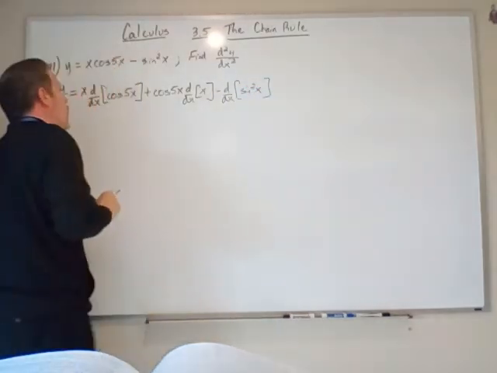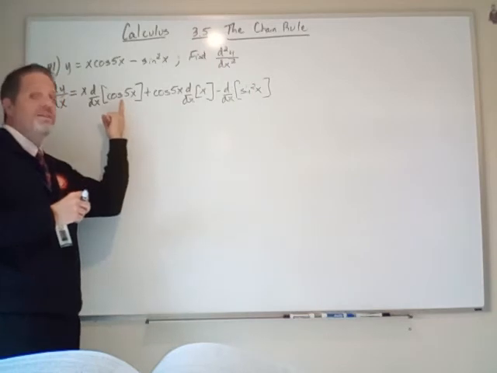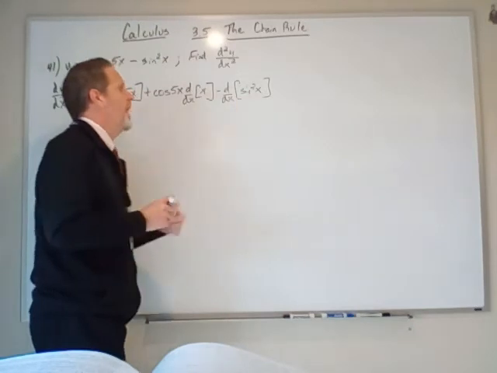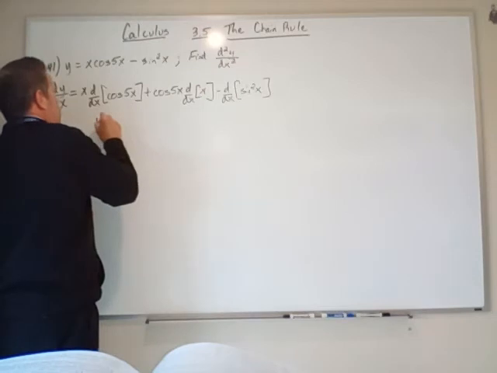So that means I need the chain rule for the cosine of 5x as well as the chain rule for the sine squared of x. So I'm going to have a let statement with two different variables.